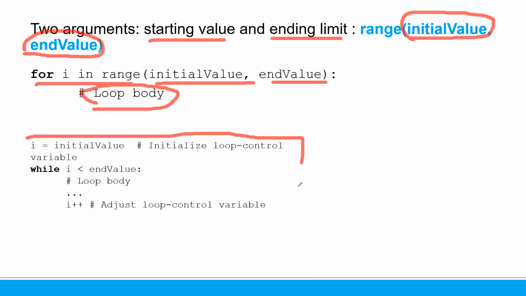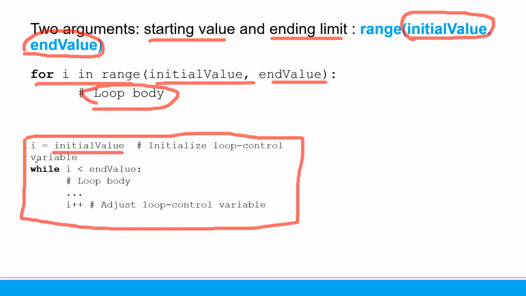Or we can also write it like this in a while loop: I is the initial value, and if I is less than the end value, then do something, and then we add 1.